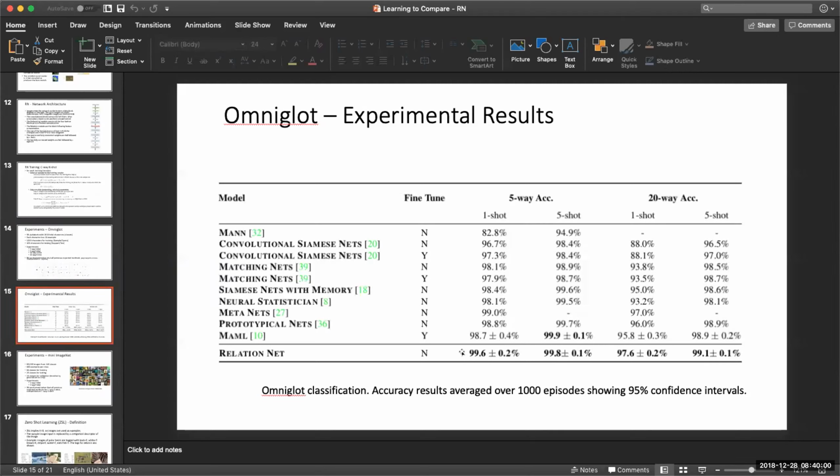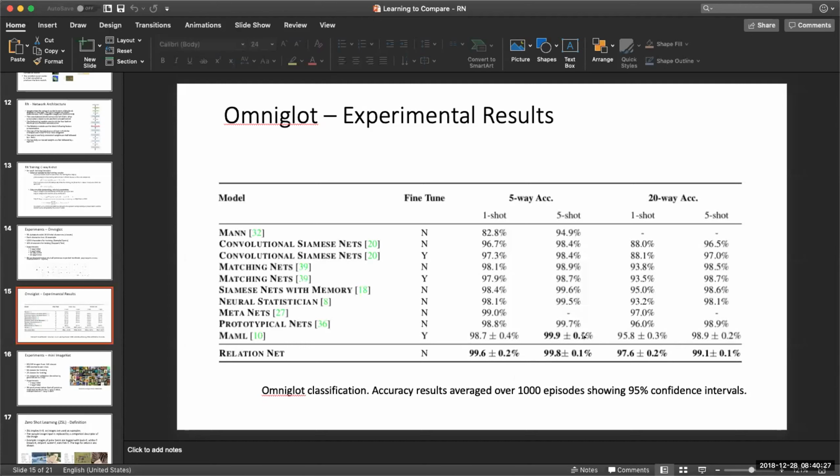So the RN is the very last line, and has all the dark black numbers, except for the one in the 5-way 5-shot column, where MAML seems to be better, 99.9 versus 99.8.